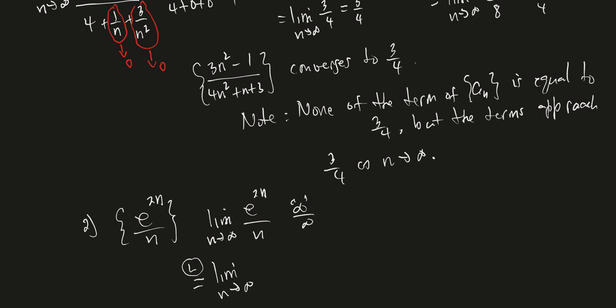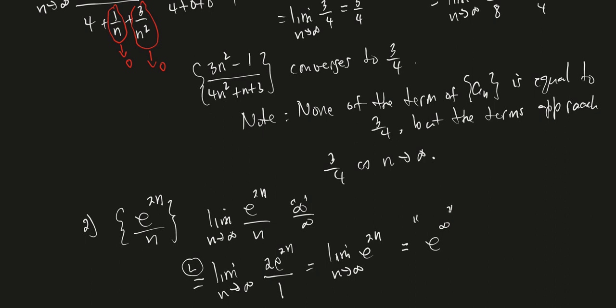So when we take the derivative of e to the 2n, we get 2e to the 2n, courtesy of our chain rule. Today's video is brought to you by the chain rule. And then the derivative of the bottom is 1, so then we end up with this limit. The limit as n goes to infinity of e to the 2n, and then here we end up with e to the infinity.